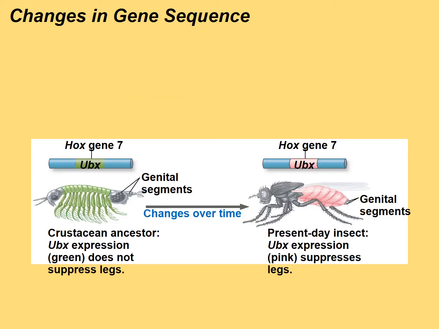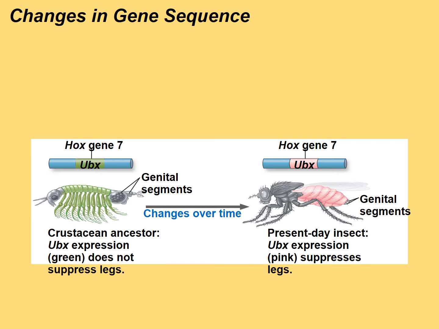Hox gene mutations are basically the suspected mechanism for the evolution of insects, right? Early crustaceans had a lot more segments with more appendages attached to them, while over the course of time, as insects arose, they arose with fewer segments and fewer body appendages.